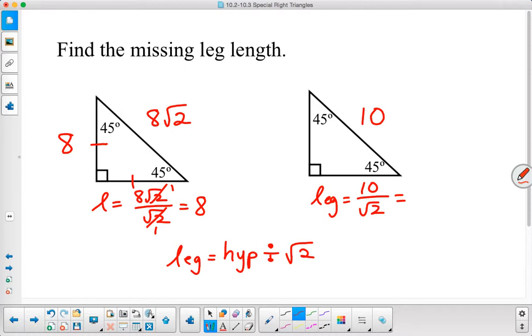So 10 divided by the square root of 2 comes out to be, let's go nearest tenth, like on the last screen, 7.1. So both legs were about 7.1 because they were the same. So if you start with the hypotenuse to get the leg, you divide by the square root of 2.